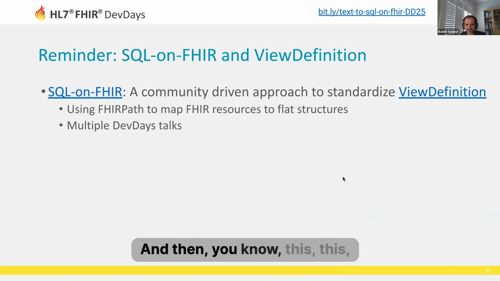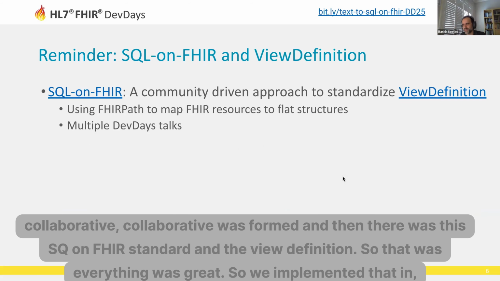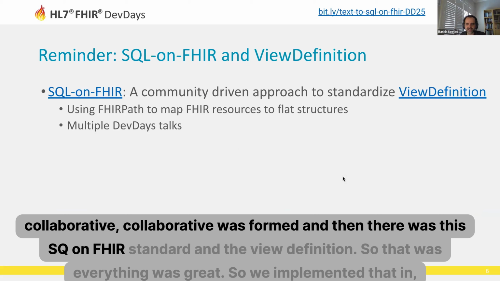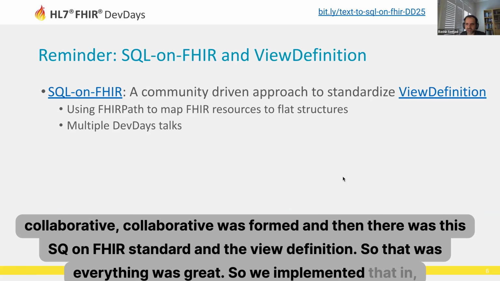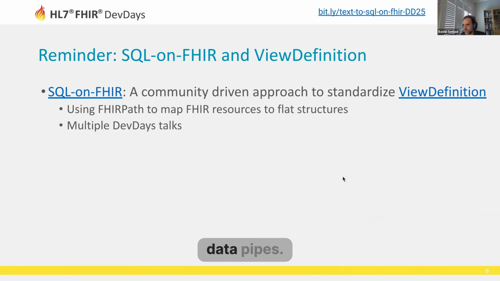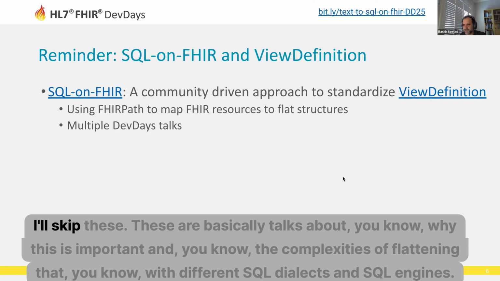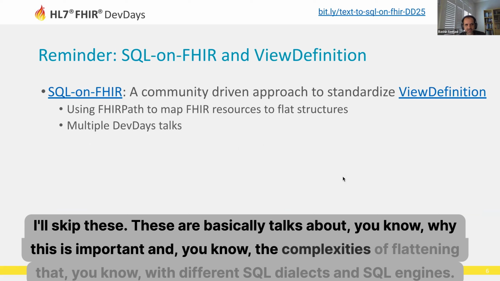Then this collaborative was formed, and there was this SQL-on-FHIR standard and the view definition. So everything was great, and we implemented that in FHIR data pipes. I'll skip this; these slides talk about why this is important, and the complexities of flattening with different SQL dialects and SQL engines.